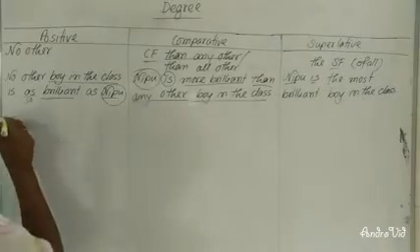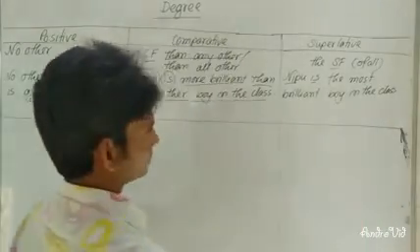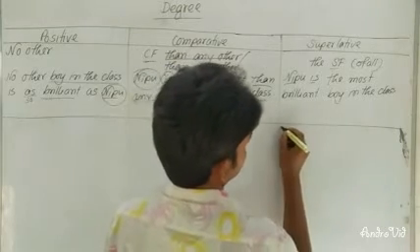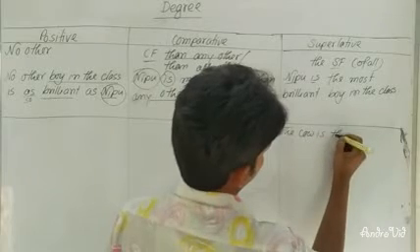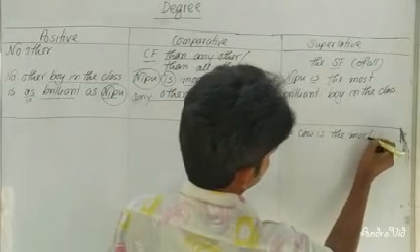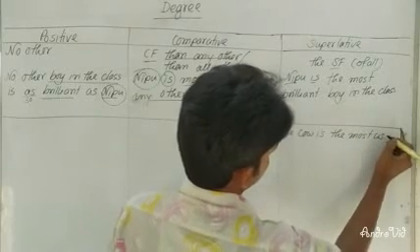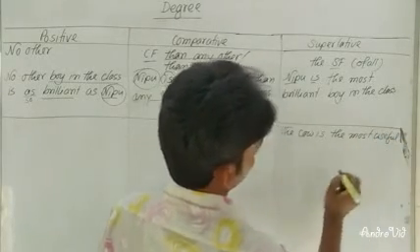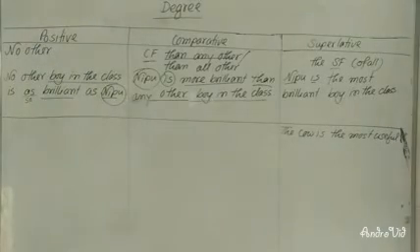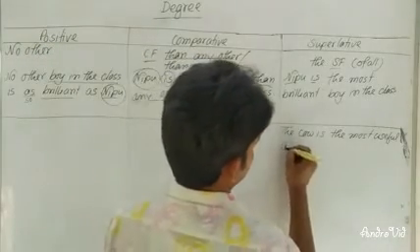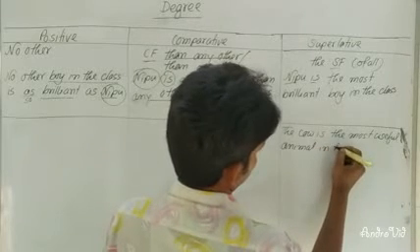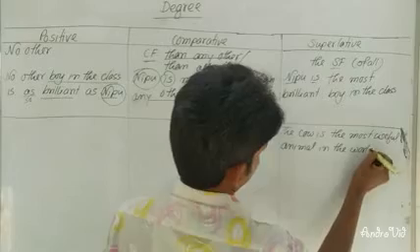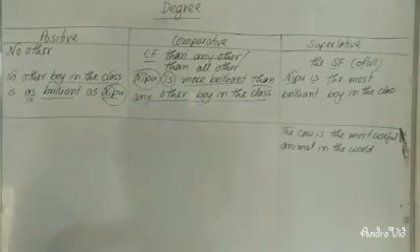Superlative form. The cow is the most useful animal in the world.